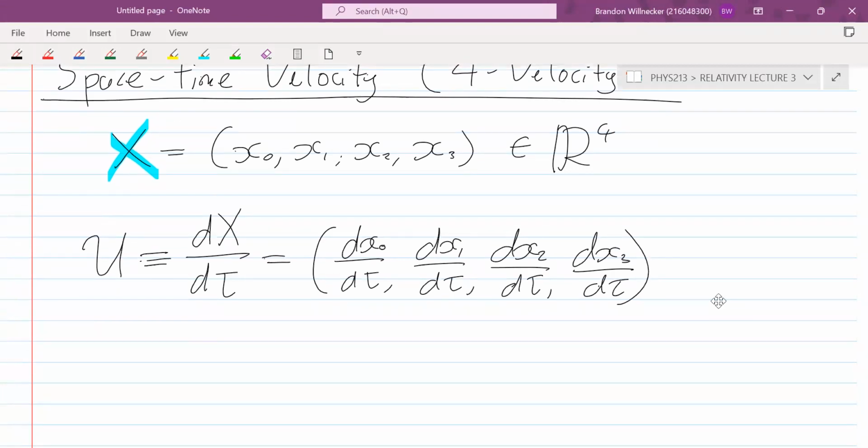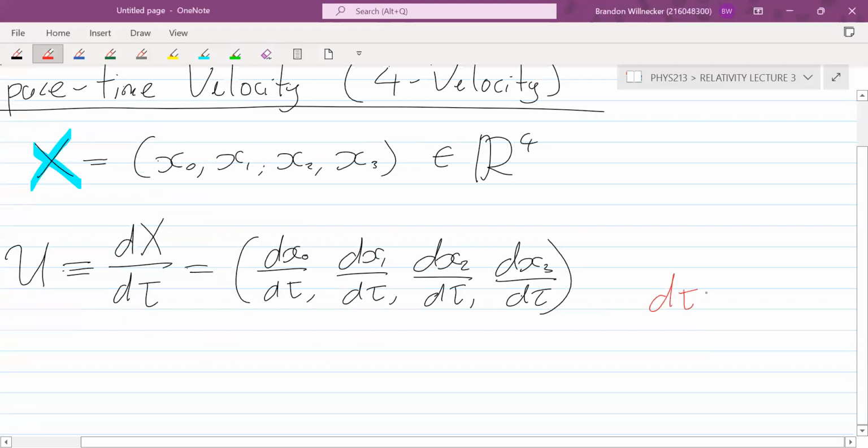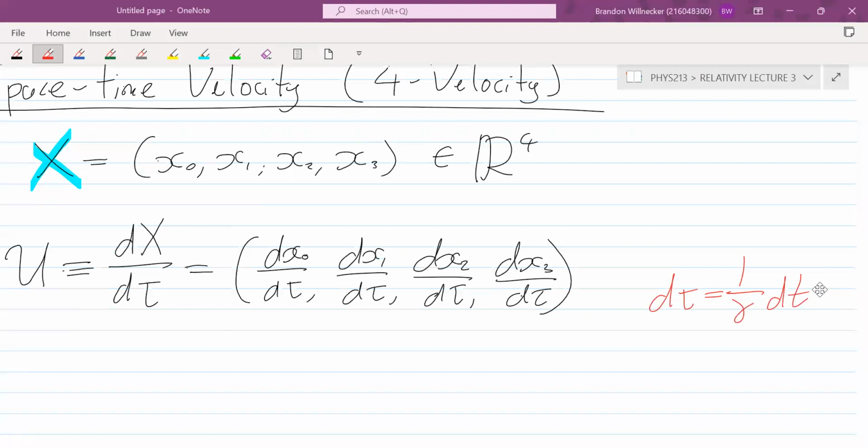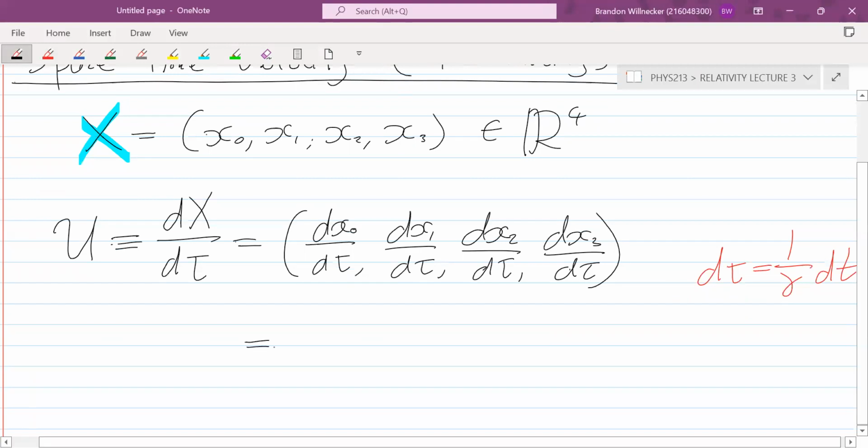Okay, good. Now, remember that x0 is just another way of writing c times t. And also, using our time dilation formula that we came up with, we know that dτ is given by 1 over gamma dt. Okay, that was our time dilation formula. So we can substitute that in.